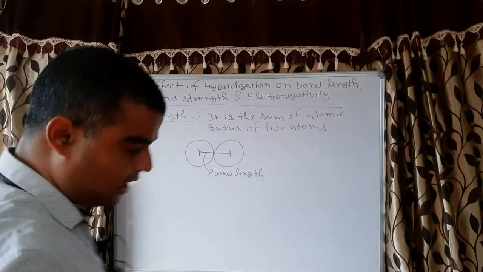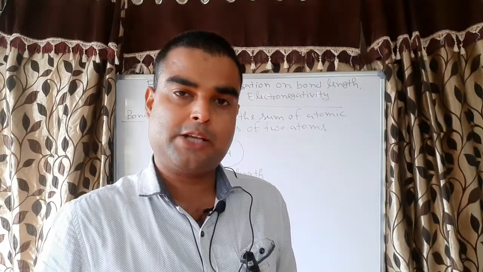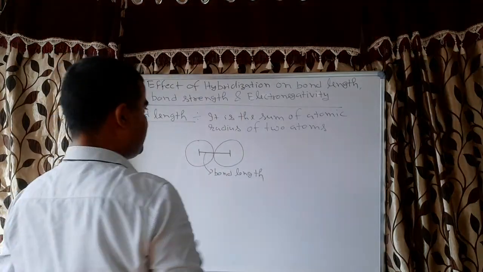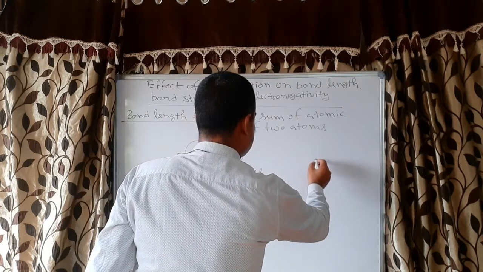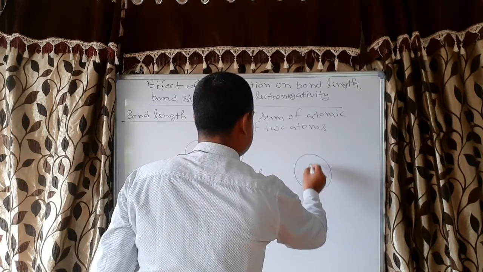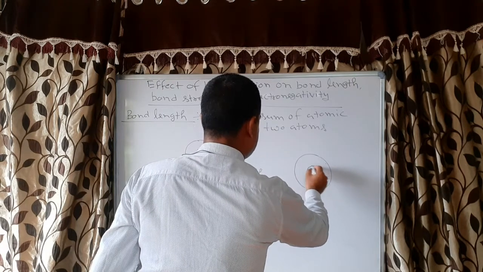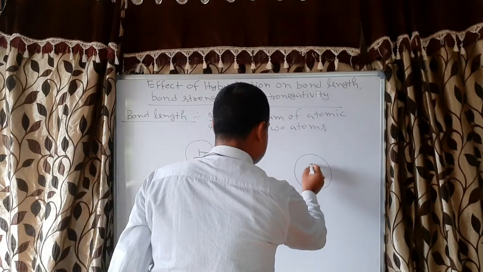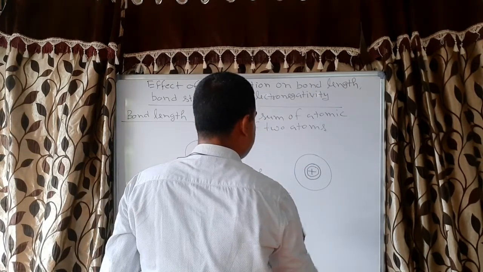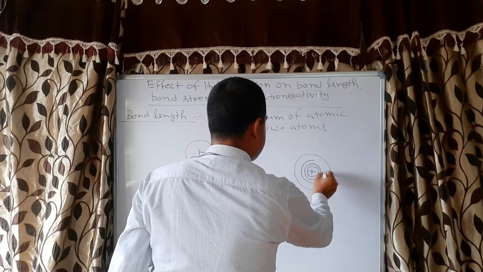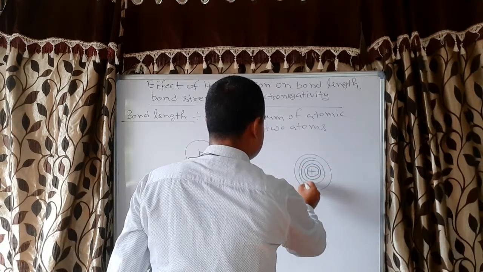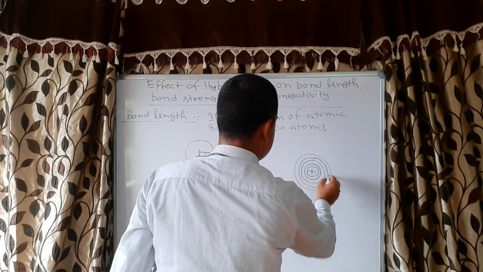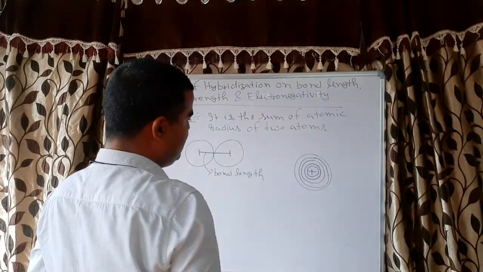Okay. Now as you know, the size of the s orbital is smaller than the size of the p orbital. How and why? Take any atom, this is the nucleus, correct? In any shell, first the s subshell will come, then the p subshell, then the d subshell, after that the f subshell.